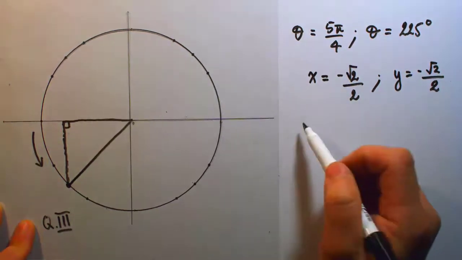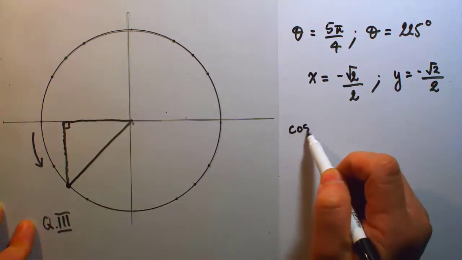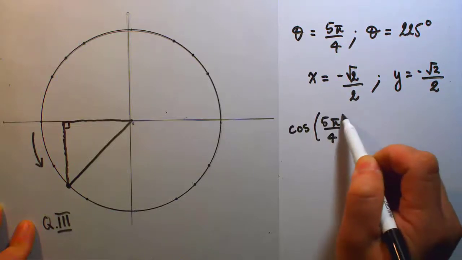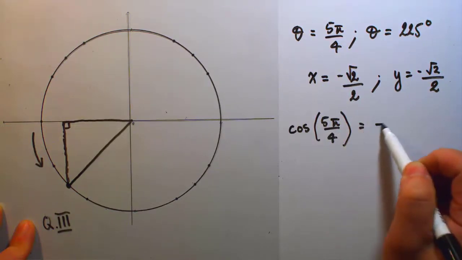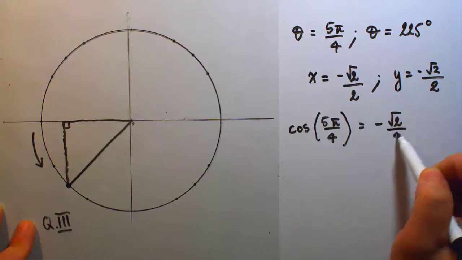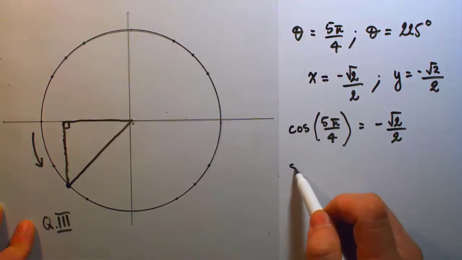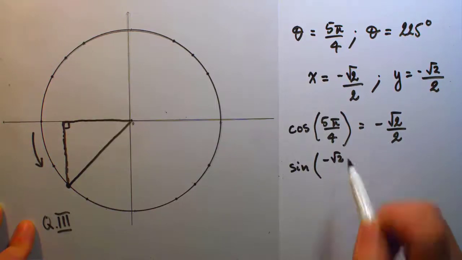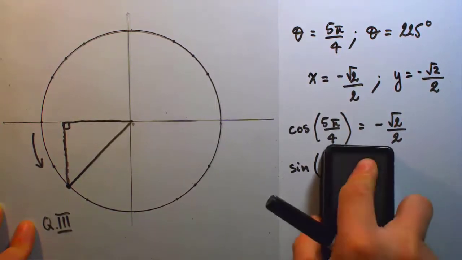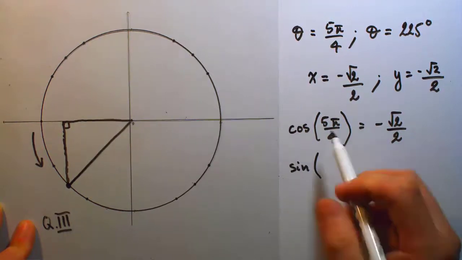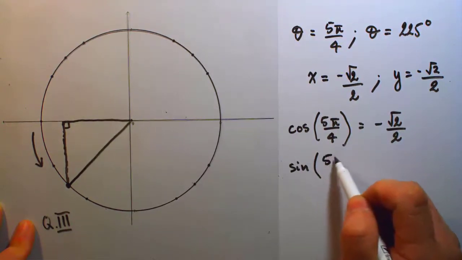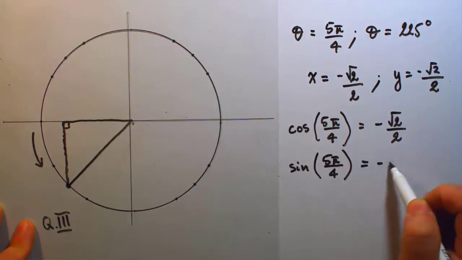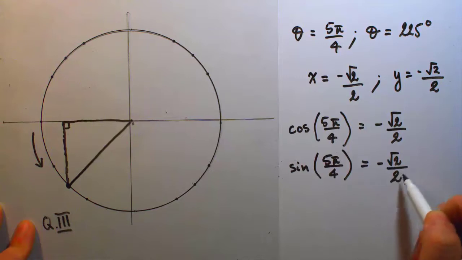Now I can say the cosine value of the angle 5 pi over 4 equals -√2 over 2, and my sine value of, my apology, the sine value of my angle 5 pi over 4 equals -√2 over 2.